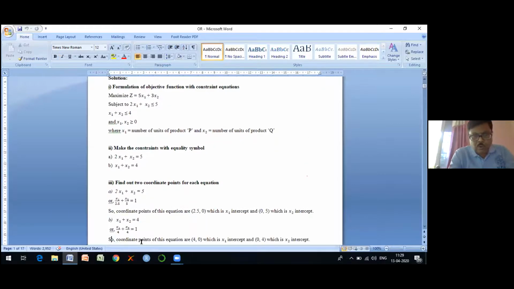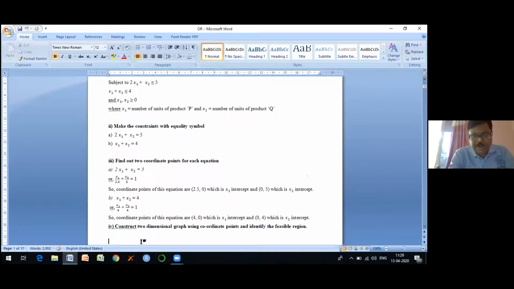Now, find out two coordinate points for each equation. From each equation, we have to form a straight line. And if you want to make a straight line, then at least you require 2 points, otherwise you cannot make a straight line.